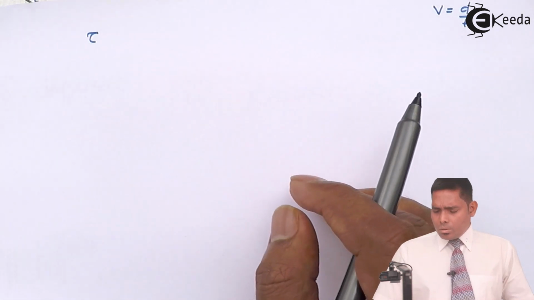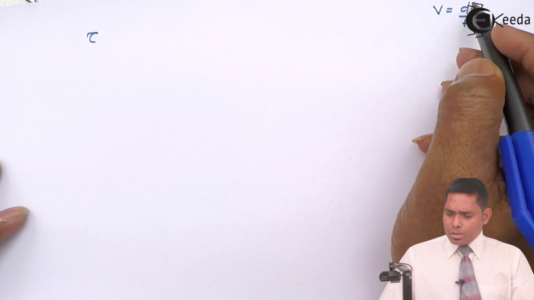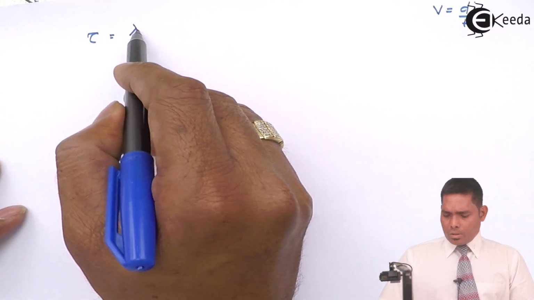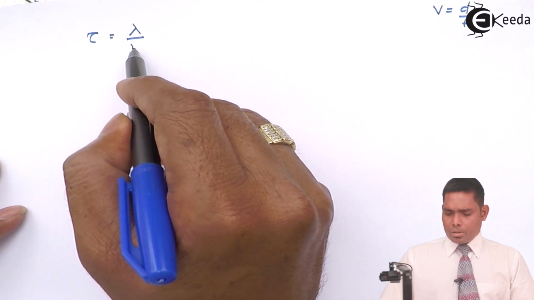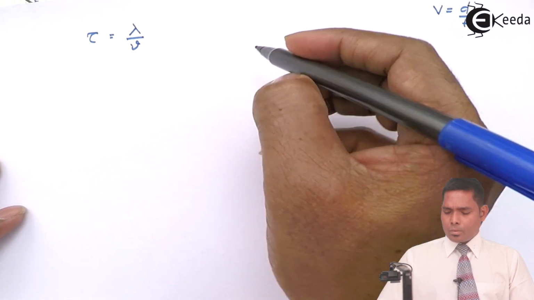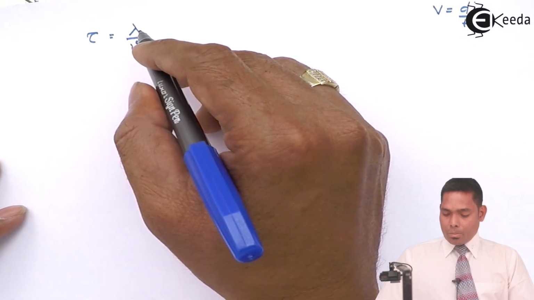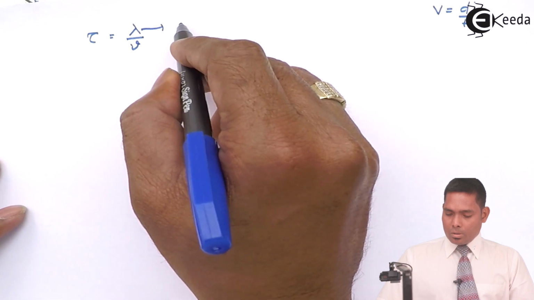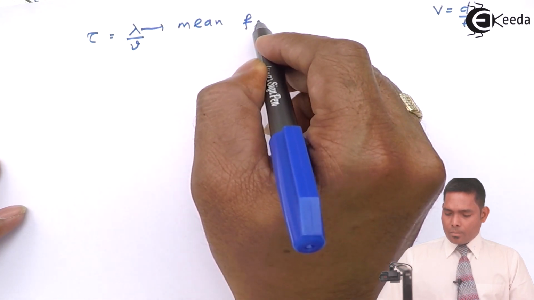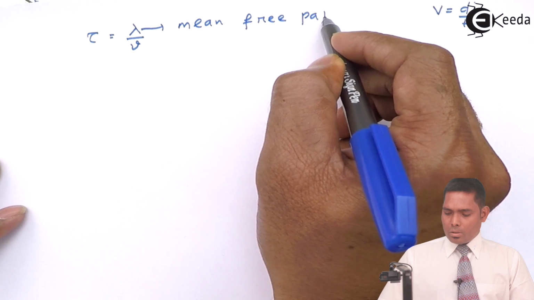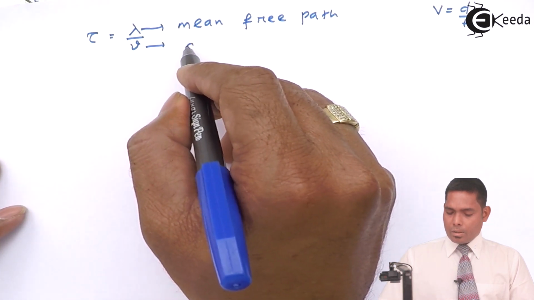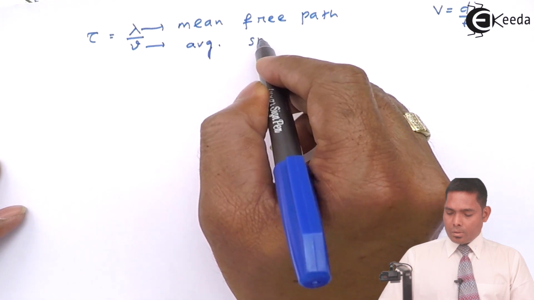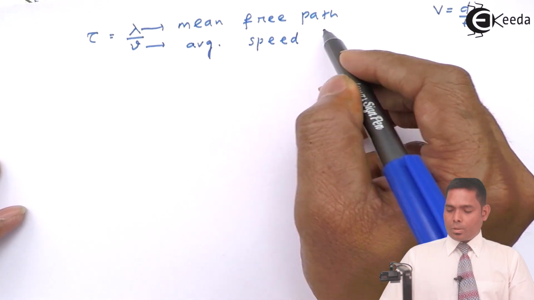So time will be distance upon the speed. Now distance is the mean free path, upon the speed of the molecule. This is the mean free path and this is the average speed of the molecule.